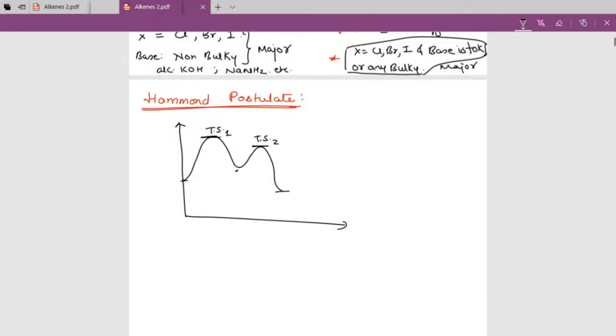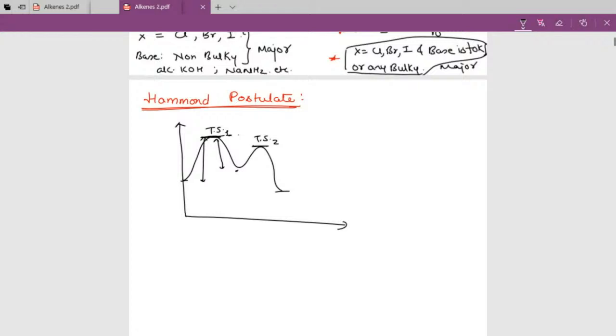But Hammond said that a transition state will behave, please listen carefully, like the one in a reaction, either reactant or product, with which it shares less energy difference. Like in an energy curve, the transition state is at a peak, so definitely it is having some energy difference with the reactant, and some energy difference with the product.